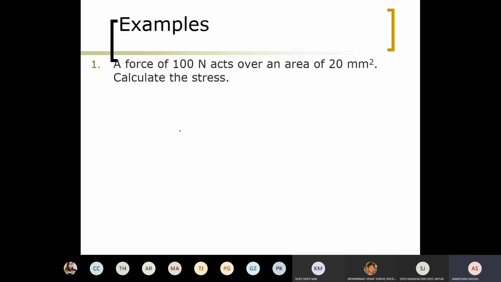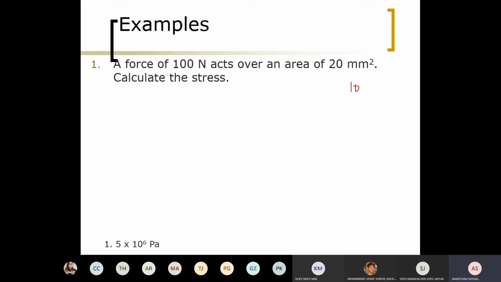One example. A force of 100 Newton acts on an area of 20 millimeter square. Calculate the stress. Force over cross-sectional area. So you should get 1.5 times 10 to the power of 6 Pascal. I think this is an easy question, just force divided by area. But I have to change the area to meter square.